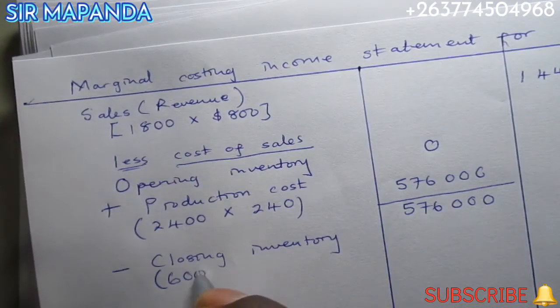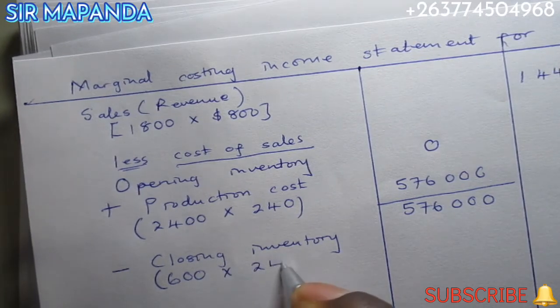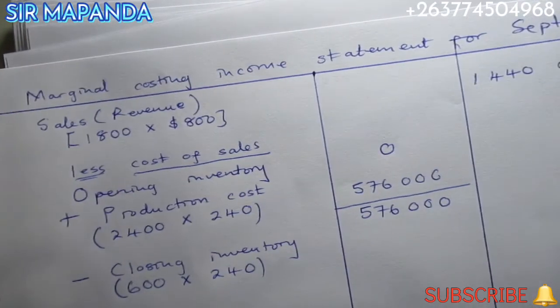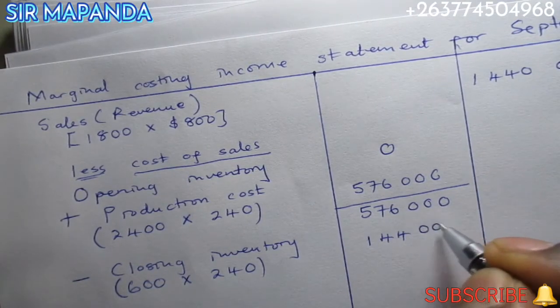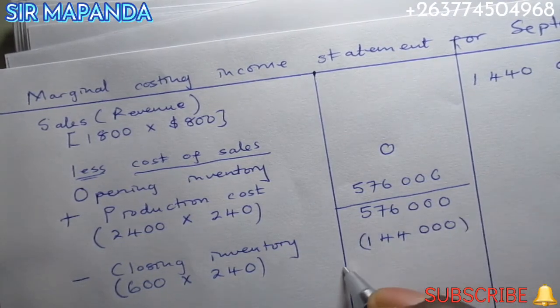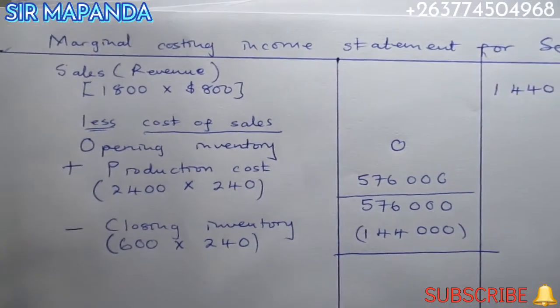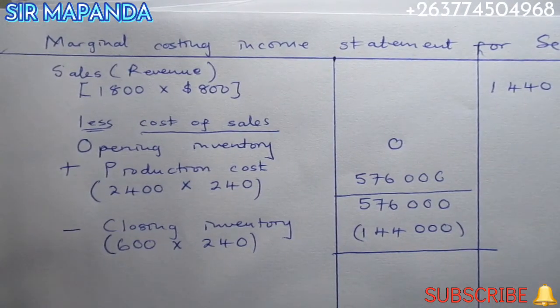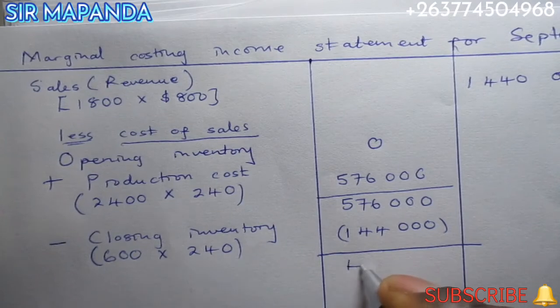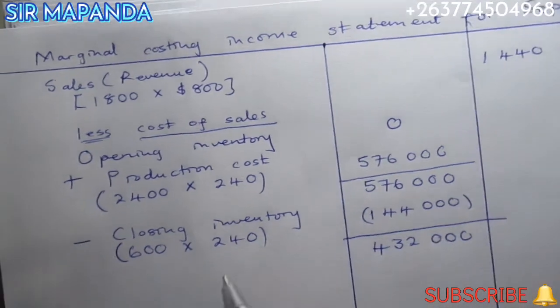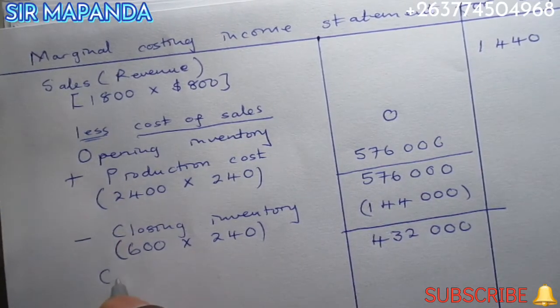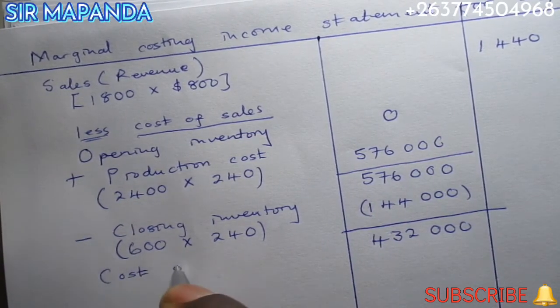So 600 times 240 is 144,000. You write 144,000 here, something like this. I hope you are following. So 576,000 minus 144,000. What do you get? 432,000. You write 432,000 here, right, representing the cost of sales. This is the cost of sales figure.